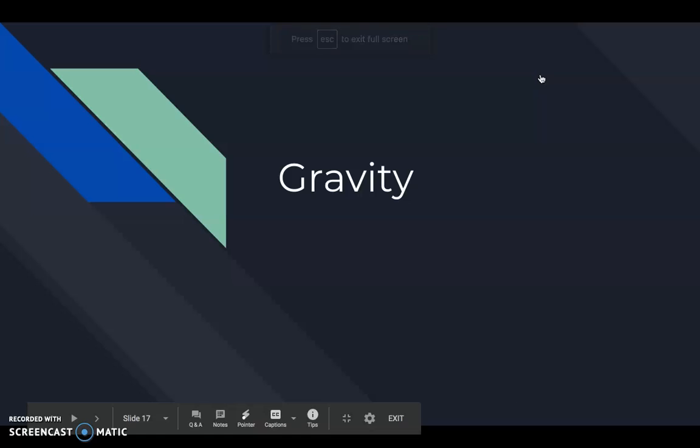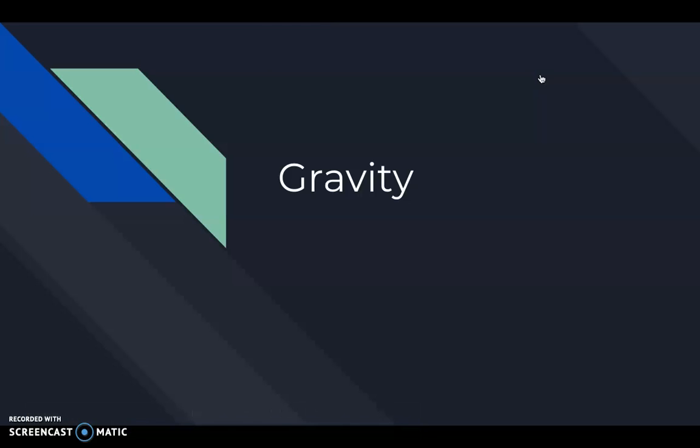Okay, now that we've discussed how motion occurs and how to interpret motion, we're going to focus on the force of gravity, because it's such a huge part of why objects move, not only on our planet, but in our entire universe.